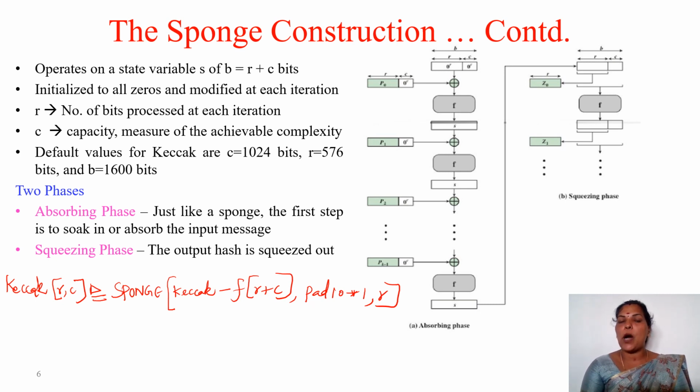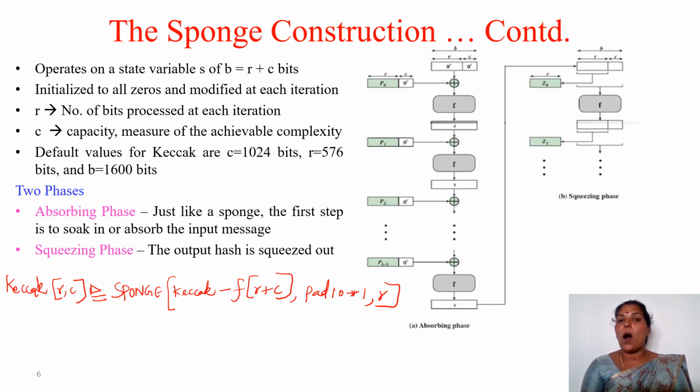So here the sponge construction process operates on a state variable S. The size of the state variable is b, that is r plus c bits. You know what r and c are? r, we already saw, is the bit rate, that is the number of bits processed at each iteration, and c is the capacity, which is measured by some achievable complexity in the hash function.